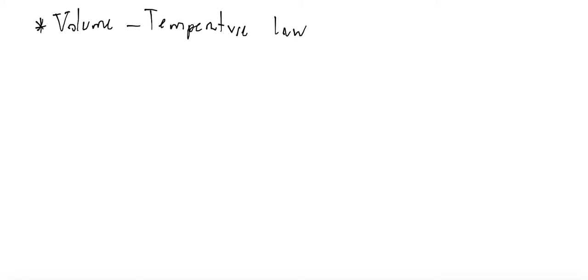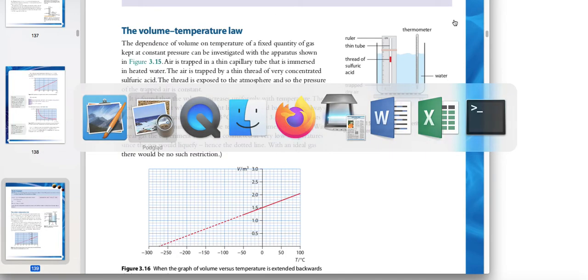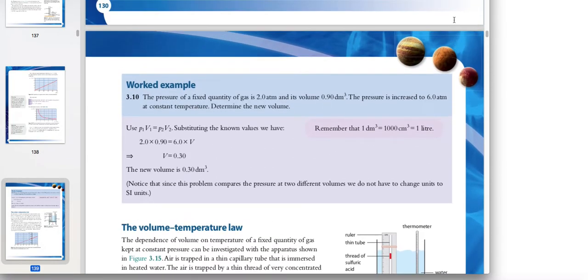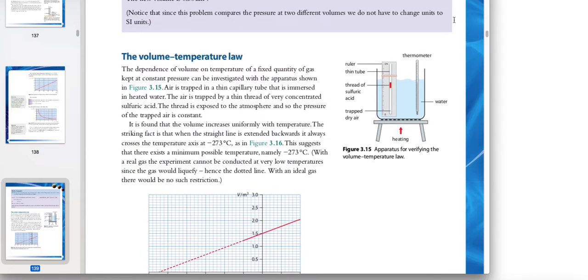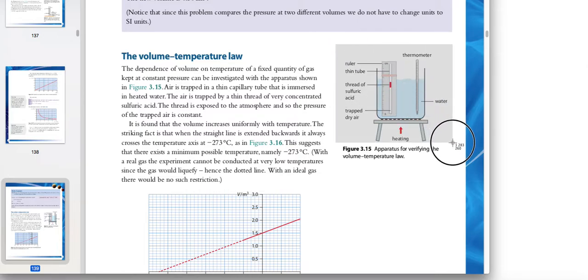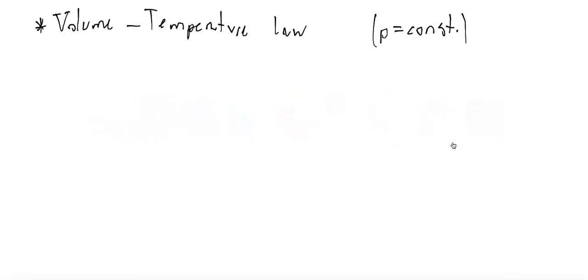Okay, so this is about the relation between the volume of the gas and the absolute temperature of the gas when pressure is constant. So a pure relation between volume and temperature. In Tsokos on page number 131 you have the apparatus needed to do the experiment related with this law.